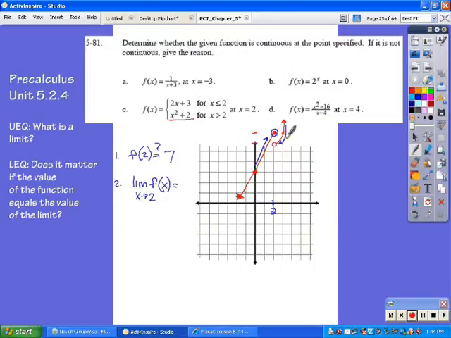Will my fingers meet? Right finger's going there, left finger's going there. Will my fingers meet? No. The limit does not exist. Do I even need to do step 3? No. Not continuous. So again, if any of the 3 are violated, we don't need to finish. We can at that point say that it is not continuous.